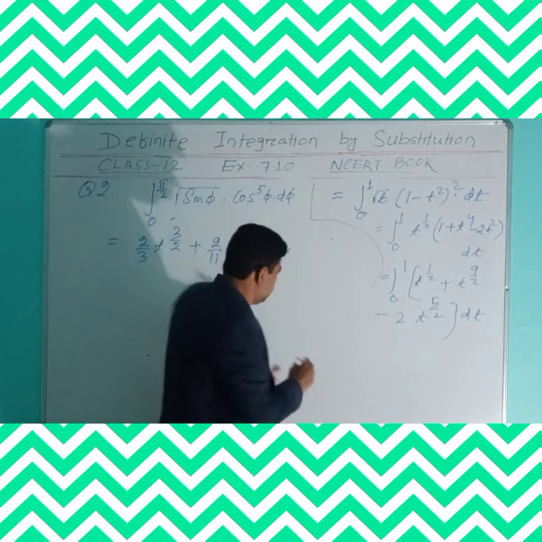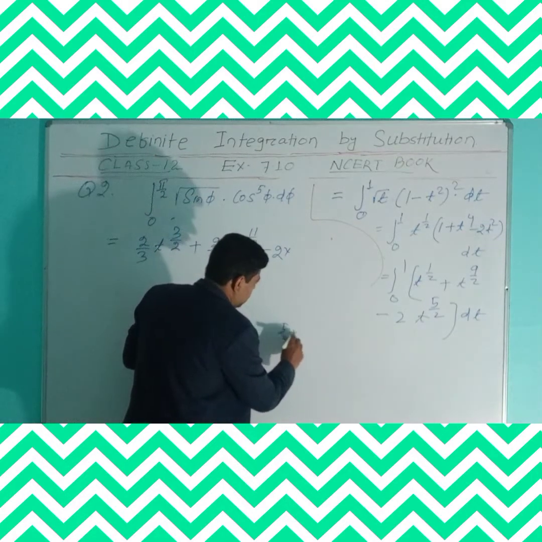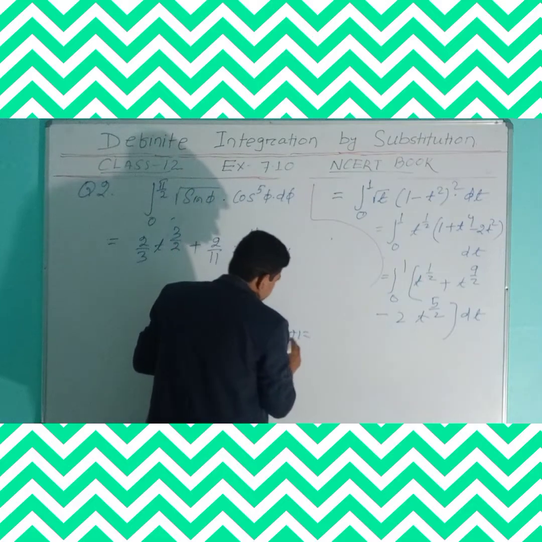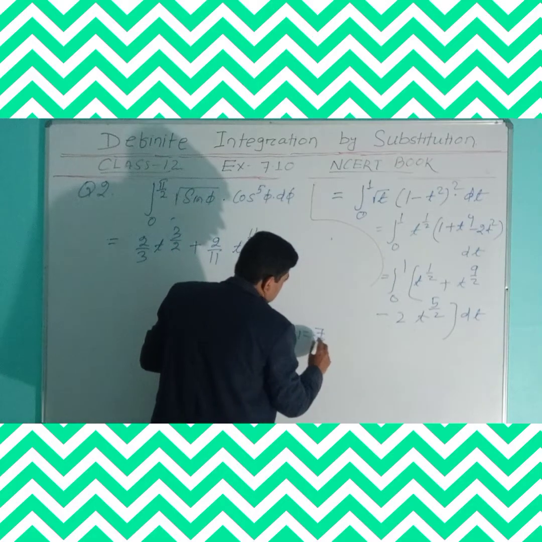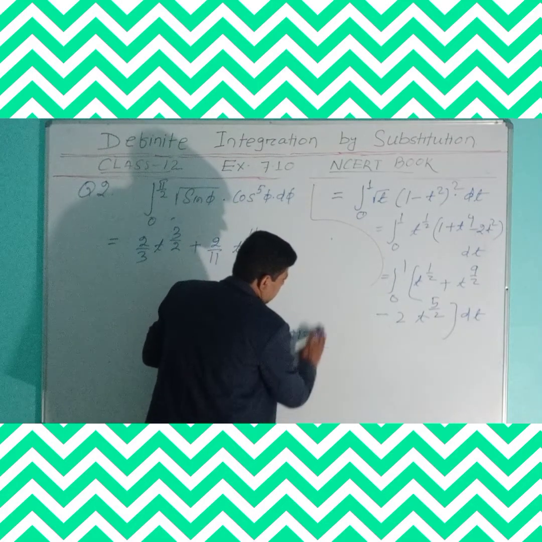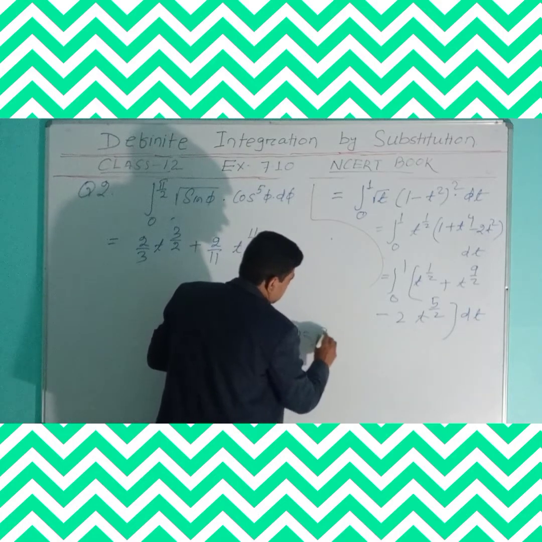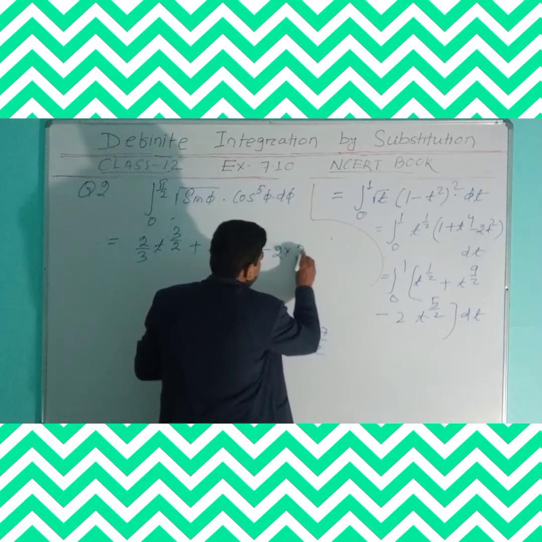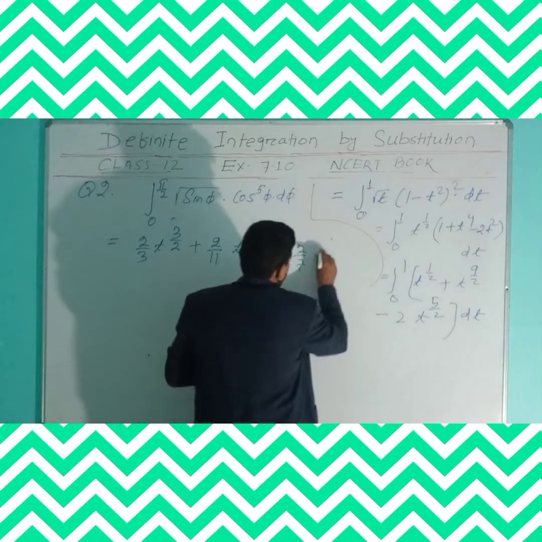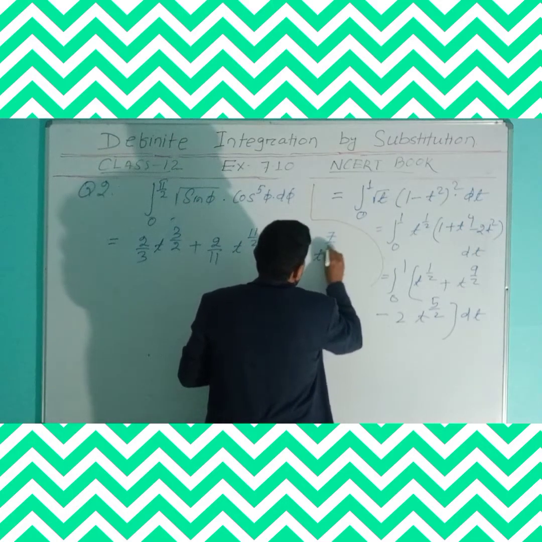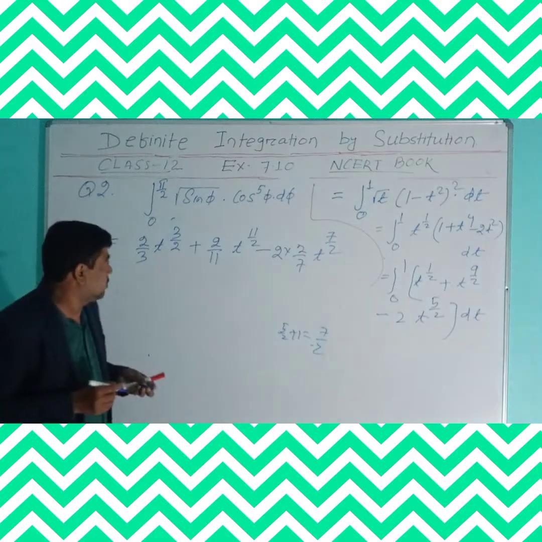So 5 upon 2 plus 1 will be 5 plus 2, 7 upon 2. The reciprocal will be 2 upon 7, and t to the power 7 upon 2.